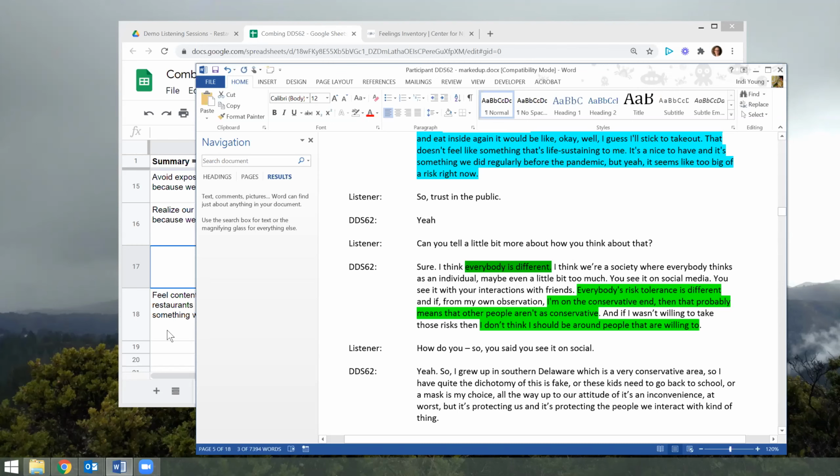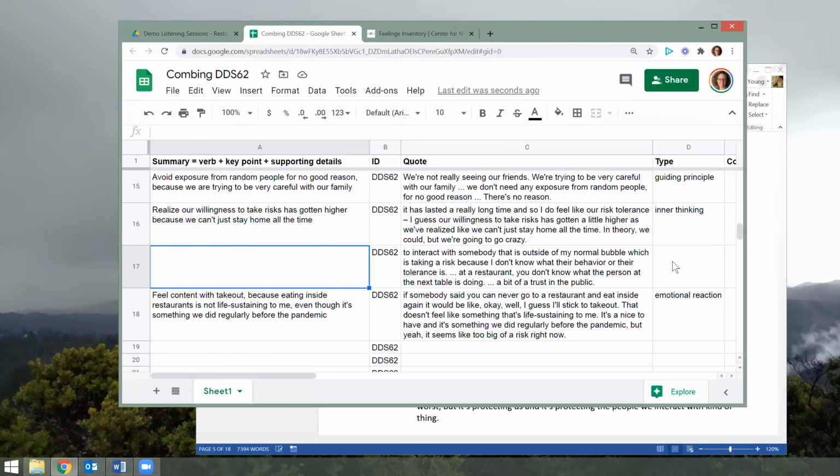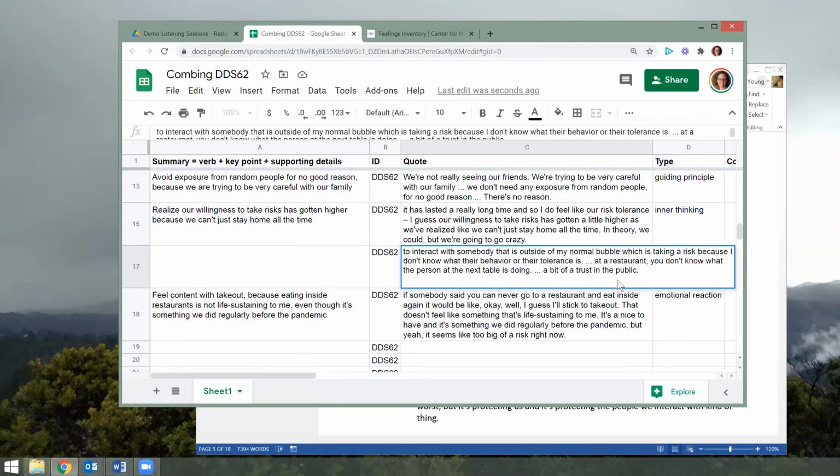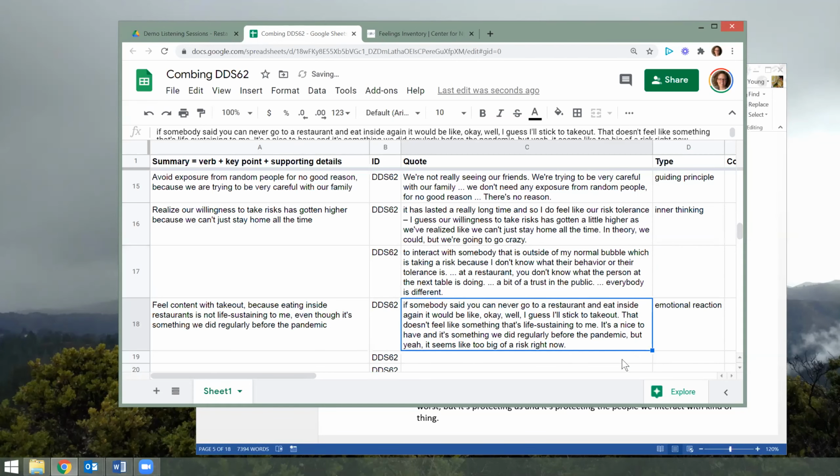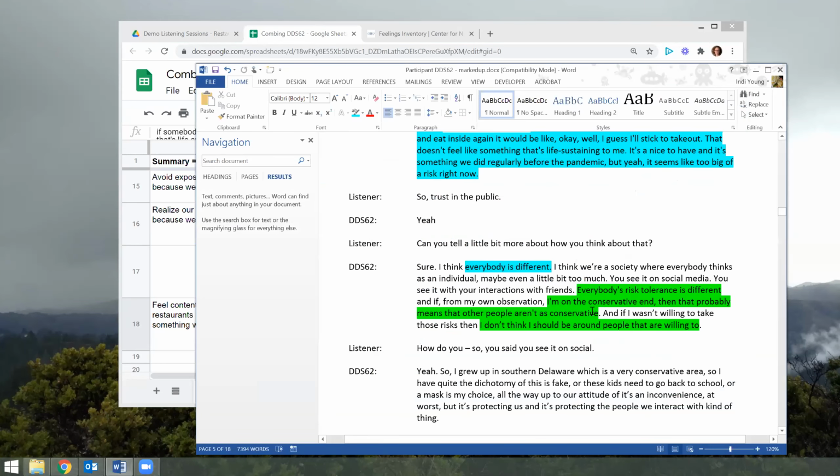Here's your guiding principle. So, okay, everybody is different and everybody's risk tolerance is different.